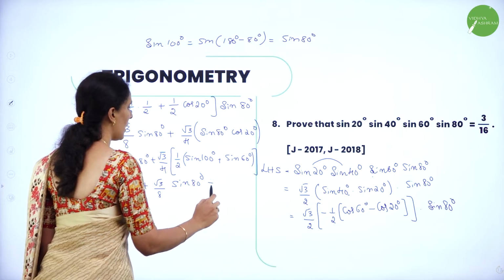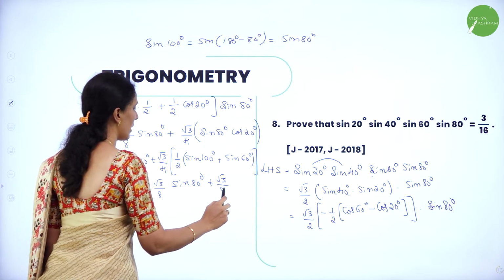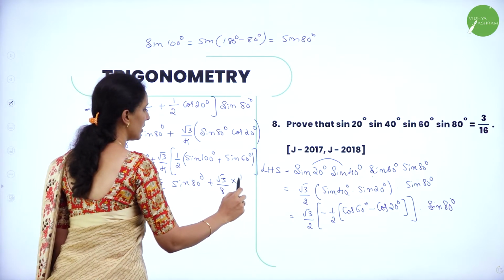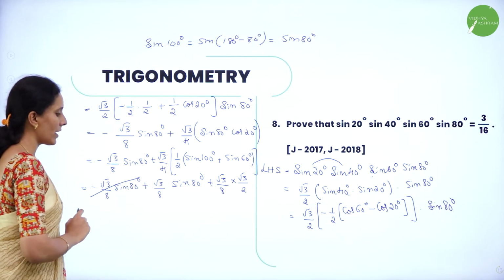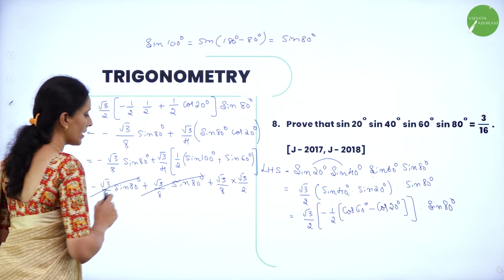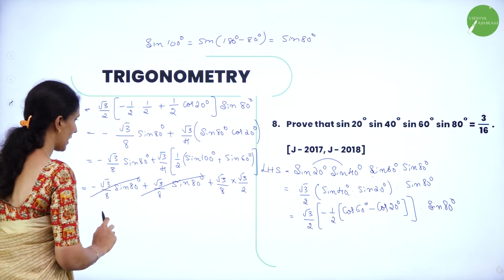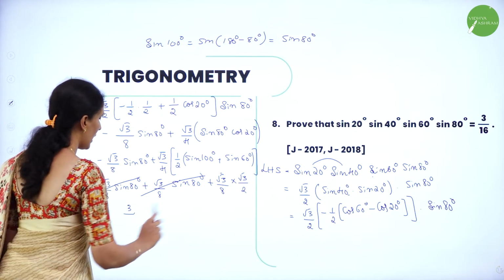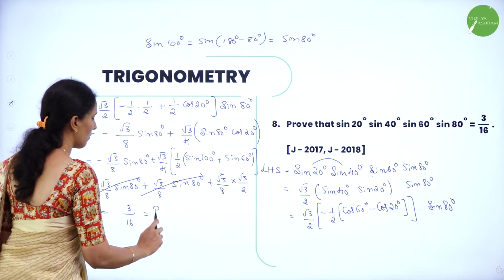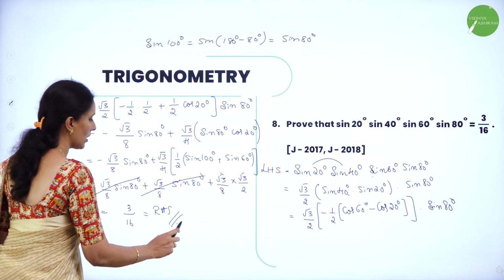And again plus root 3 by 8 sin 60 degrees, which is root 3 by 2. Now plus root 3 by 8 sin 80 minus root 3 by 8 sin 80 get cancelled. So root 3 into root 3 is 3, divided by 8 times 2, which is 16. That is equal to the right hand side of the given equation.